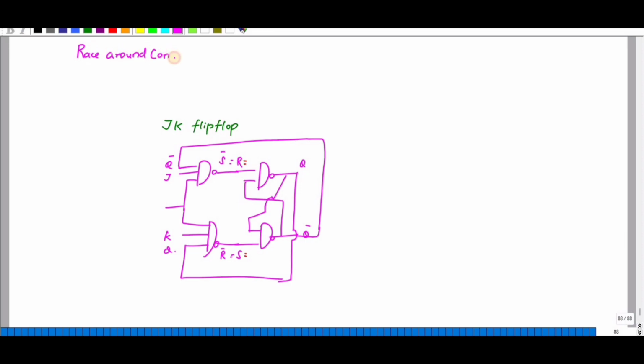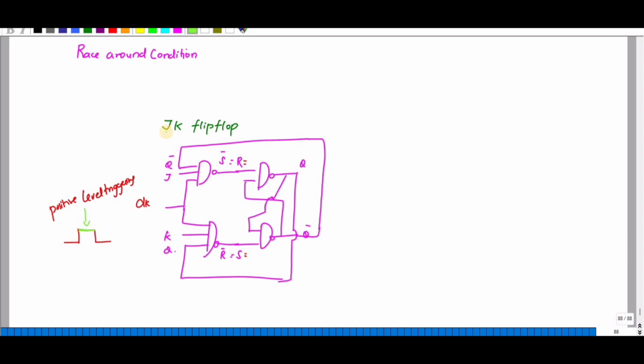We know that this race around condition occurs only in the JK flip-flop when the clock is operated at positive level triggering. So if this is your clock, this represents the positive level triggering.